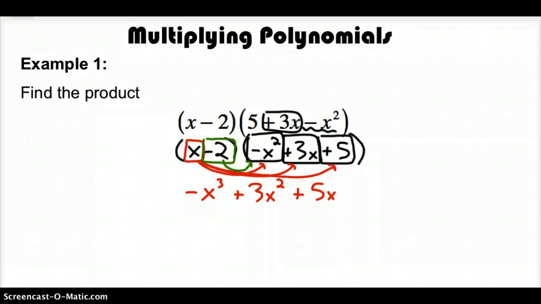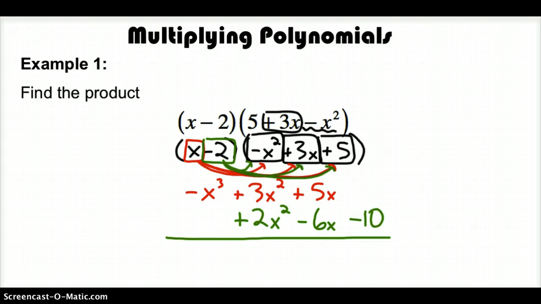I know that this is going to be a positive 2x squared, so I'm going to line this up here and add vertically. I think that might make things a little bit easier. Now I'll take a negative 2 and multiply it by that positive 3x, and that will give us a negative 6x. And then finally, negative 2 multiplied by a positive 5 will give us a negative 10. Notice that's our only constant term.